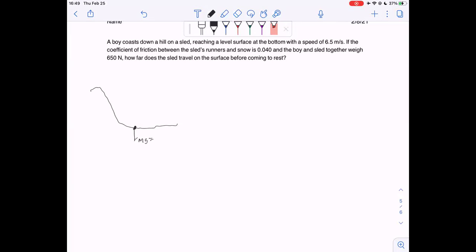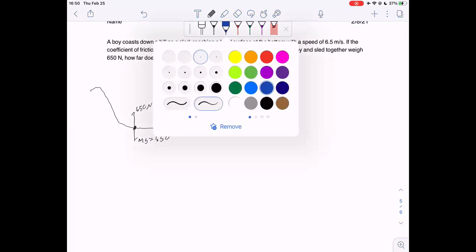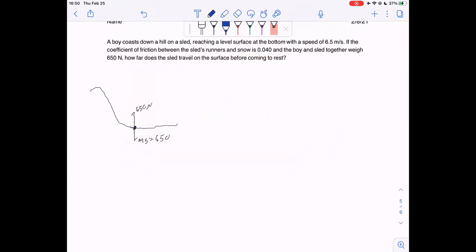Mg is equal to 650. We also have the normal force coming up at 650 newtons. We have our coefficient of friction, 0.04.